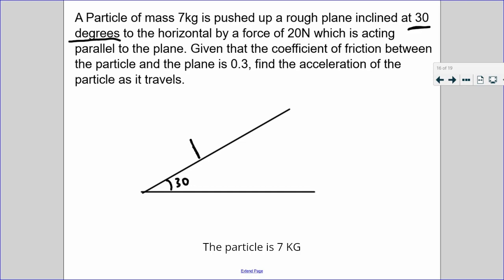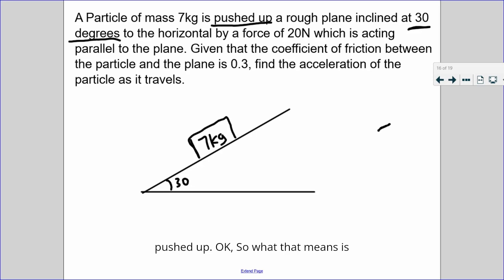The particle is 7 kg. And the particle is being pushed up. So what that means is the direction of motion is up. It's being pushed up by a force of 20 N.